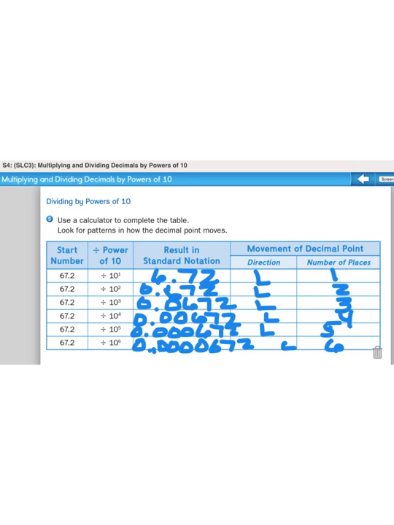You can look at the rest of the chart to see if the rest of the problems are correct. So as you can see, the rule for dividing by a power of 10, the decimal point moves to the left. The exponent in the power of 10 indicates the number of places the decimal point moves. Zeros are sometimes inserted to the left of the starting digits to show how the digits have shifted.